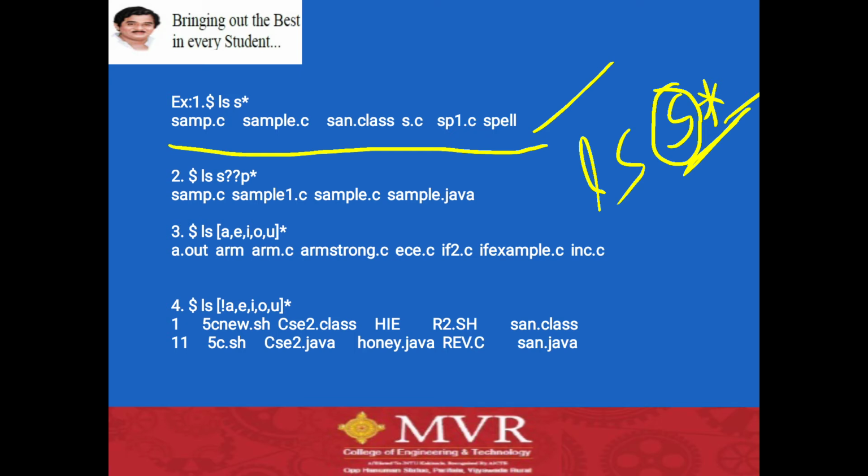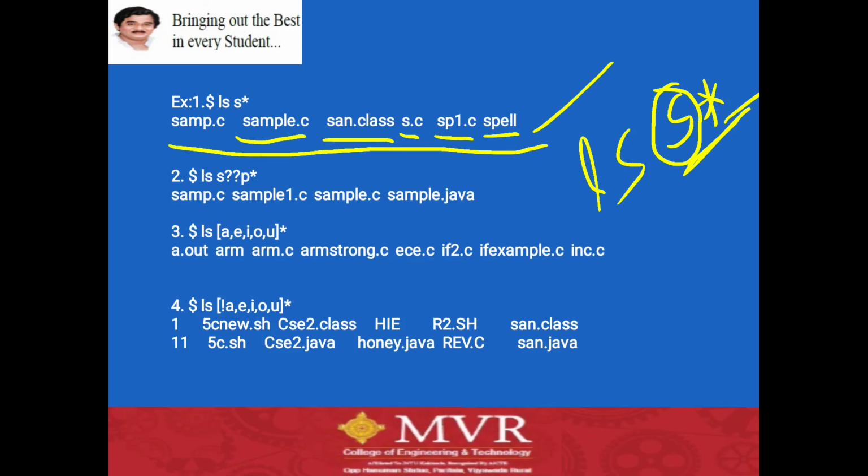These are all the files which have s as the first letter, and they have different lengths. samp.c has only 4 letters in the file name, sample has 6 letters, san.class, if you also consider the extension, has 7 or 8 characters. s.c has only one character, sp1.c has 3 characters or 4 with the extension, and spell has only 5 characters.